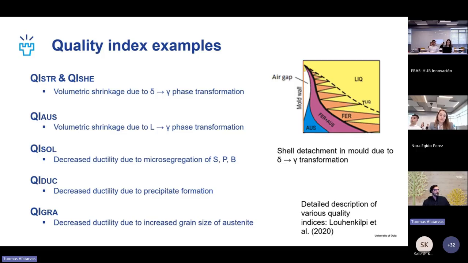A couple of other examples are the quality indices for solutes, which depict the amount of microsegregation of sulfur and phosphorus and boron in the interdendritic liquid during solidification. But there are also quality indices related to precipitate formation, QI DUG for example, and decreased ductility due to increased austenite grain size.